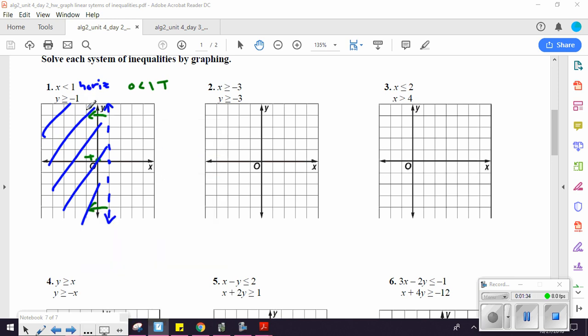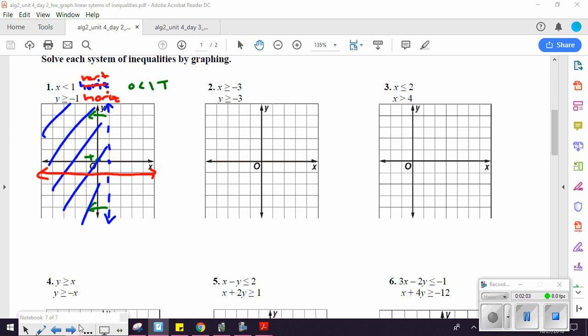Now, y greater than or equal to negative 1. Sorry, y'all, the first one is vertical. The y one is horizontal, and it's at negative 1. It's a solid line. So I can use 0, 0 again as my test point.